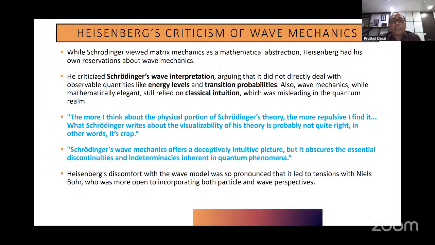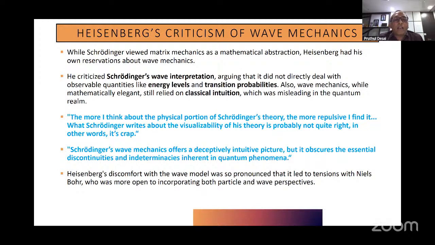And it was initially Heisenberg's friend, Pauli, who had worked out the hydrogen atom problem with the help of matrix mechanics. And once Schrodinger's wave mechanics was out, Pauli started working on various problems using wave mechanics.